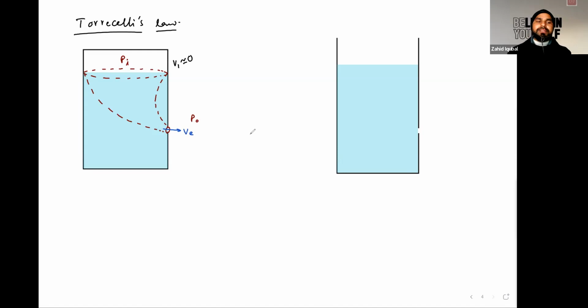So using Bernoulli's principle, height of this particular tank, or up to which liquid is filled, is H, and a hole is cut out at this point. This is H minus h.